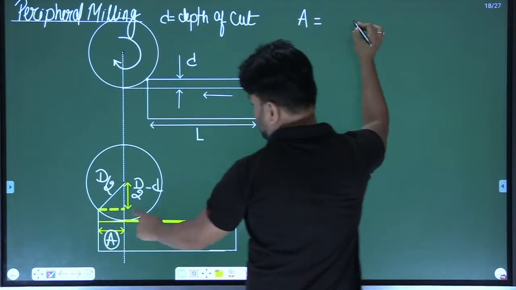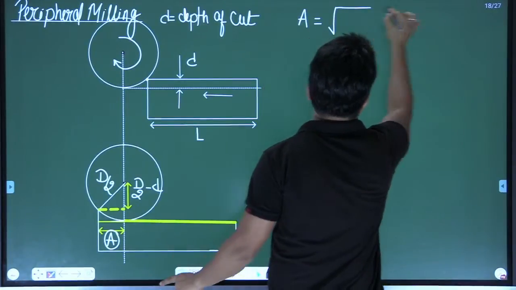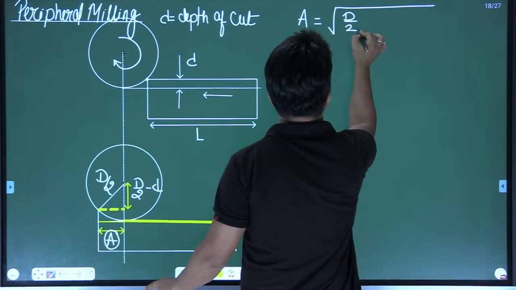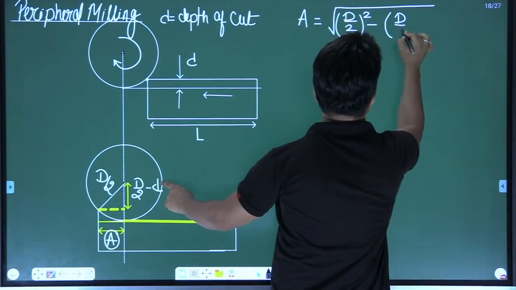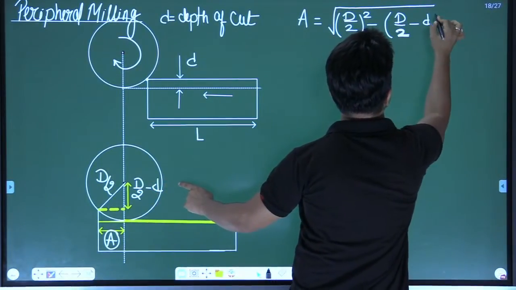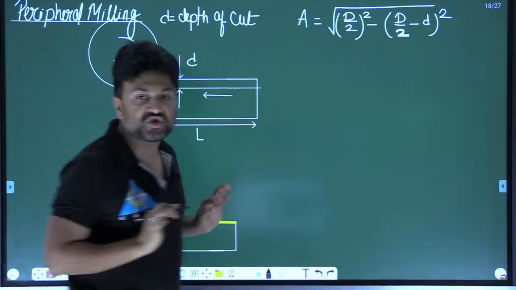A is root of (D by 2) whole square minus (D by 2 minus small d) whole square. Yes or no?